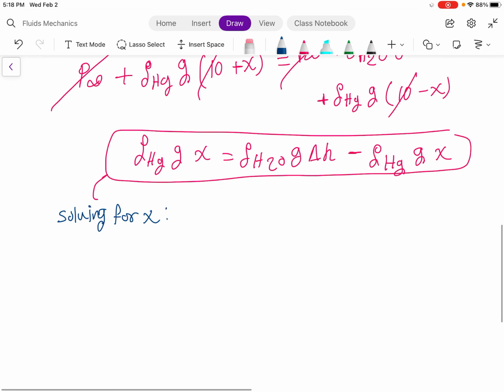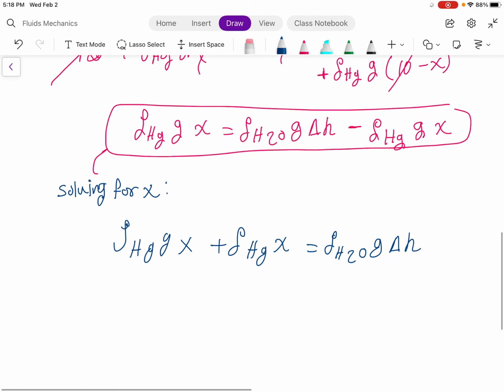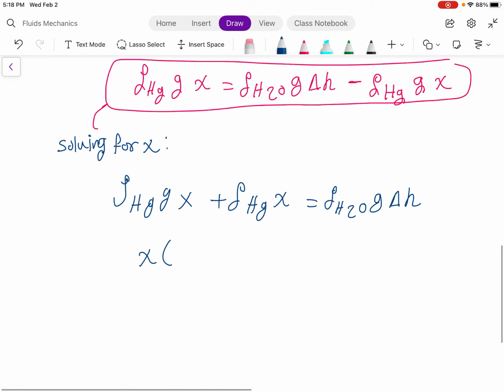Let's see. And do the algebra. I'll show the steps for the sake of argument. At G X plus, and then you get the X's on the side.